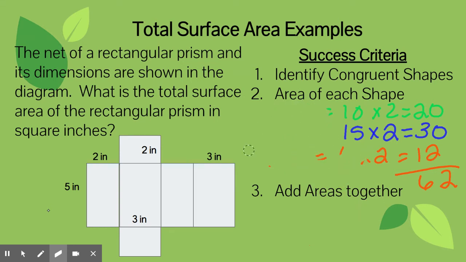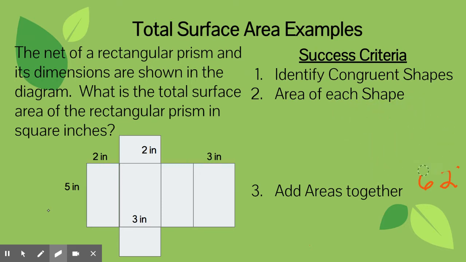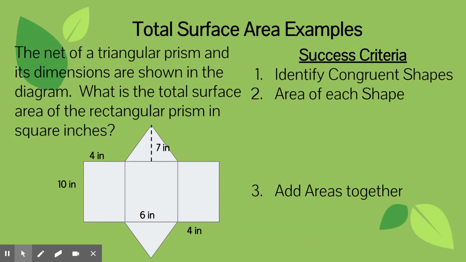Okay, pick a different color besides green because you can't see that. Okay, the net of a triangular prism. So it says triangular prism, okay? So that means the triangles are the bases. So I know these are my bases right here.